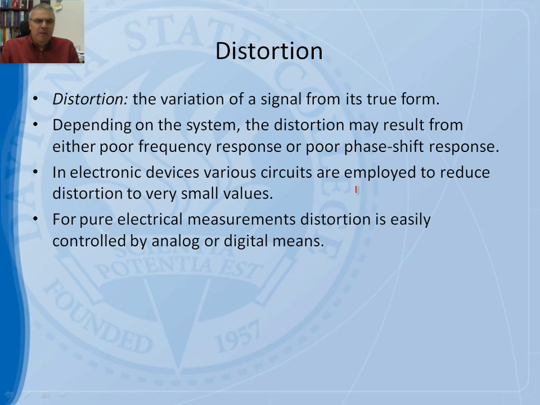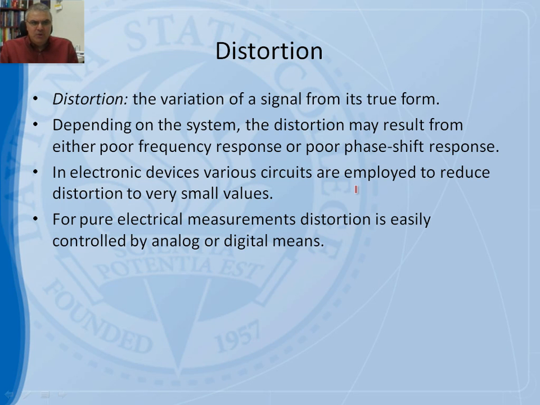So it is very possible, the way I defined it previously, for distortion, the variation of a signal from its true form. If there's any kind of distortion, that means we are going to have some kind of variation. So the device is not going to provide us with the true or real signal. It's going to be some kind of variation depending on the system. The sources of distortion may result from either a poor frequency response or a poor phase shift response.